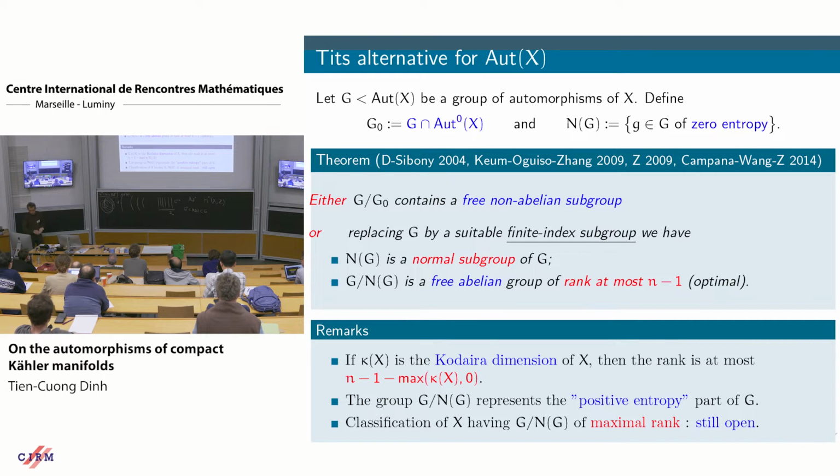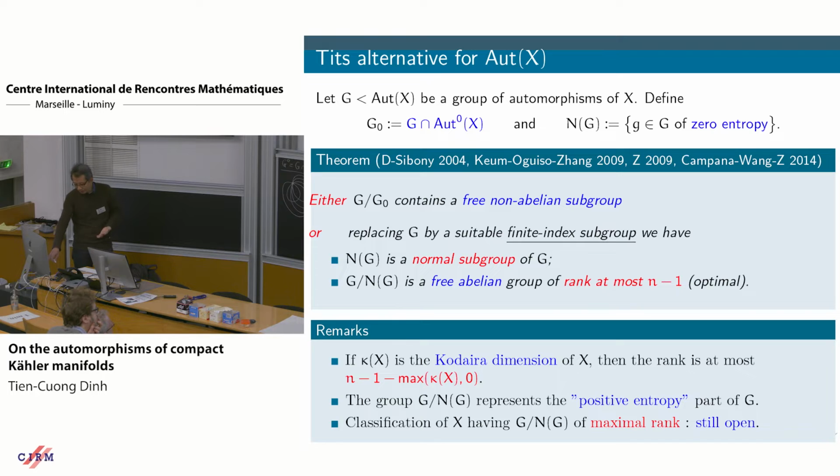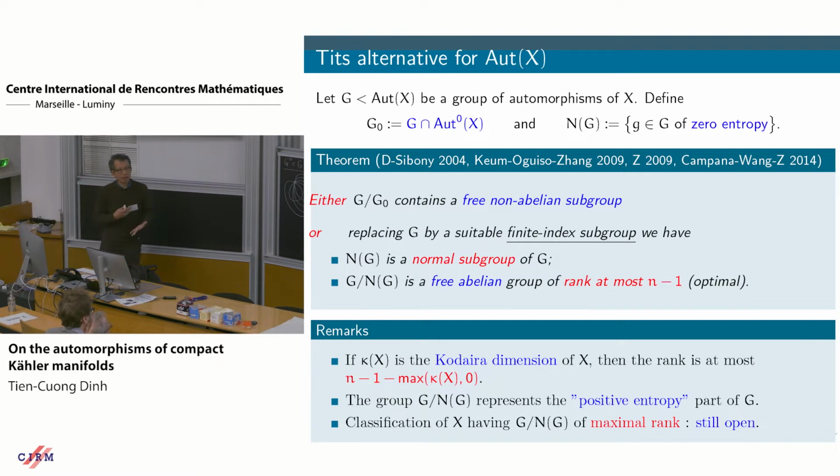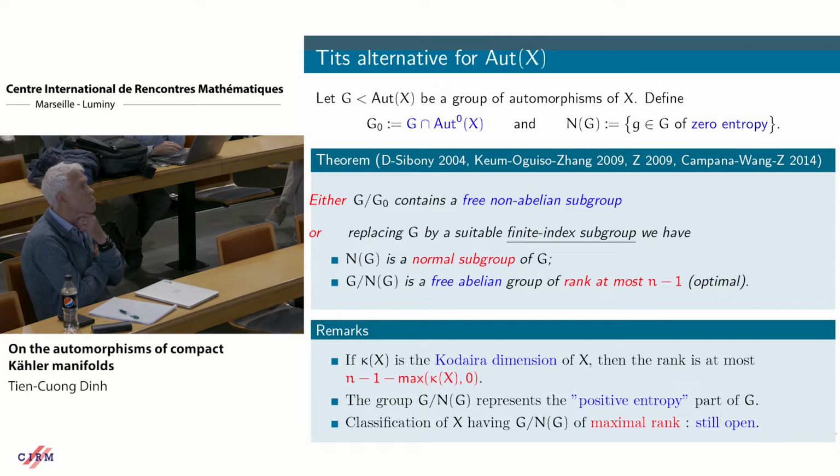If you introduce the Kodaira dimension here, then you can have a slightly better estimate. But if you want something which is independent of X, the rank n-1 depends only on the dimension of X. It's independent of X. So then n-1 is optimal. Okay? And so this quotient G over NG is the positive entropy part of our group. But now to study our problem, we need to study this group NG.